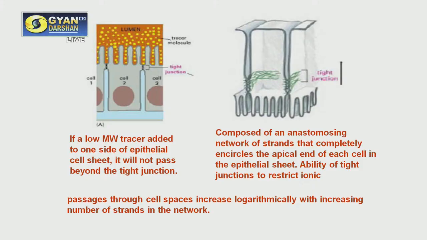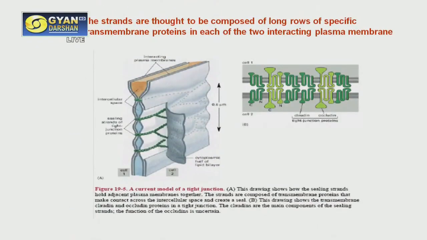I'll come to the next slide. There you will see that a careful examination of this network shows it is composed of a series of proteins. The next slide shows how these strands seal the cells together.